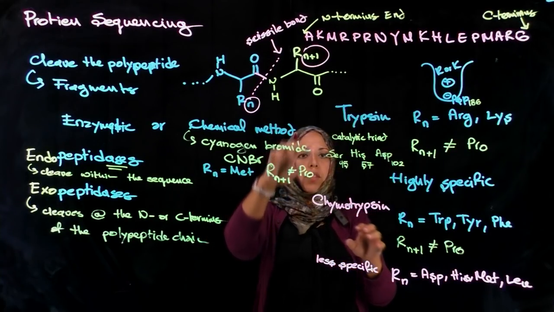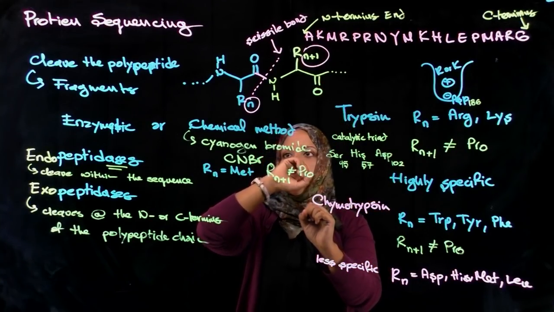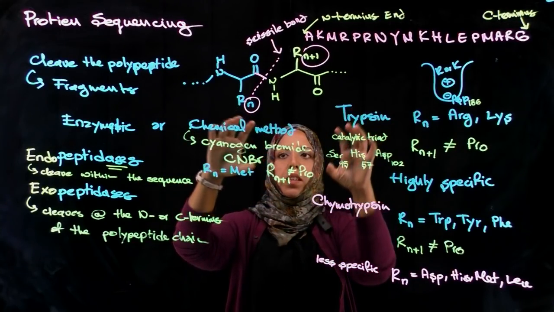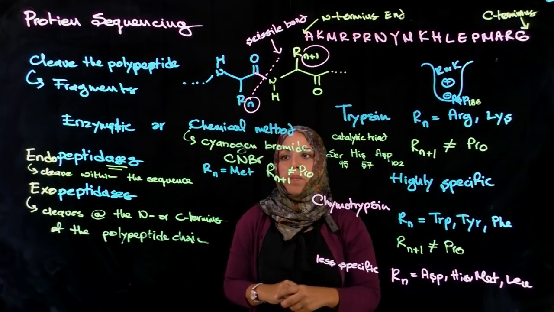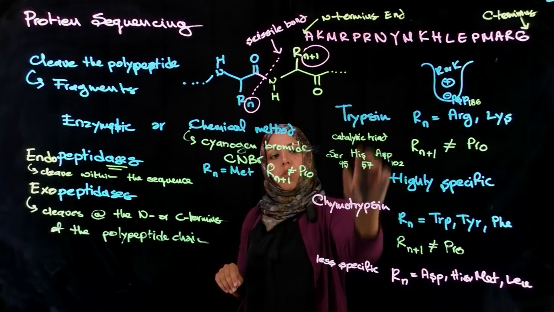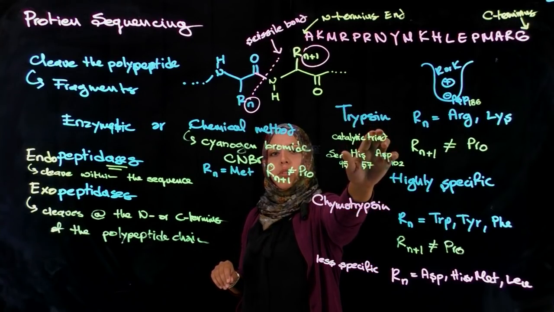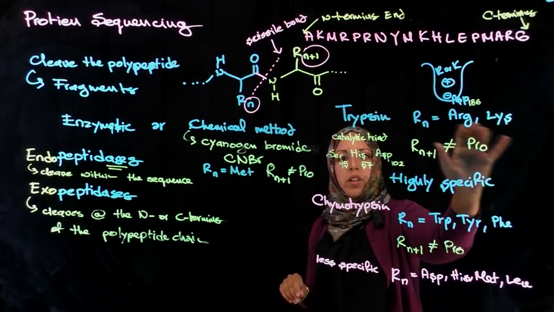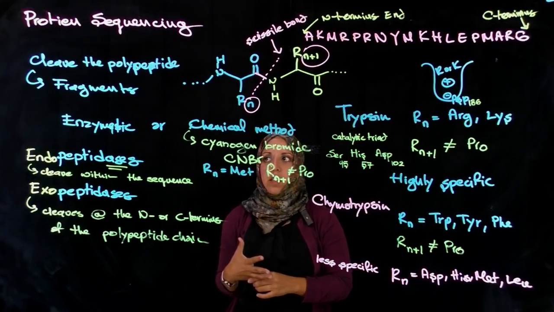You could use two different enzymes, right? Or you could use an enzymatic method and a chemical method. So we're going to use trypsin and cyanogen bromide. Why would we use trypsin over chymotrypsin? Because we know trypsin is quite specific. It's highly specific. It's only cleaving after arginine and a lysine.